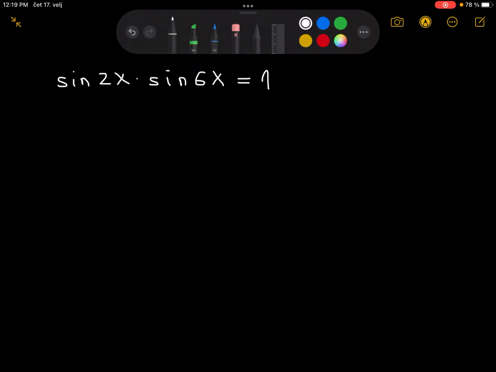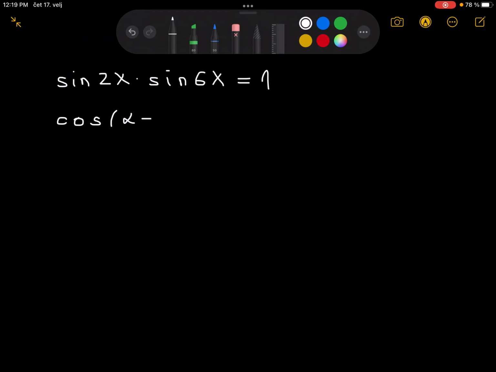Okay, so here we have a product of two sines. One of the things that we could do that's going to help us get our solution is turn them into a sum of some other trigonometric functions.